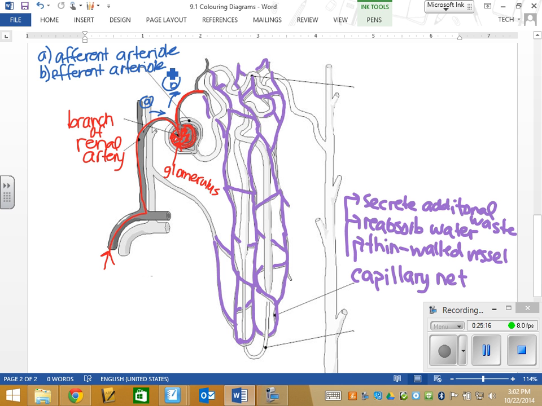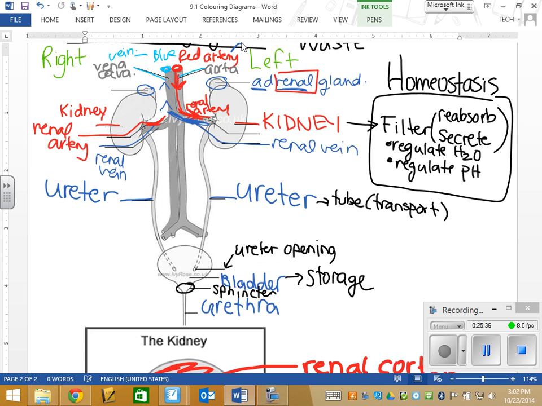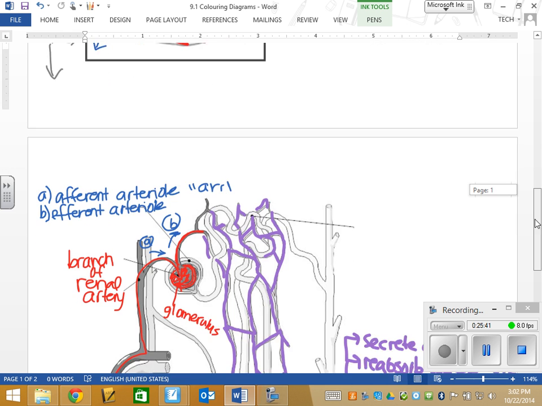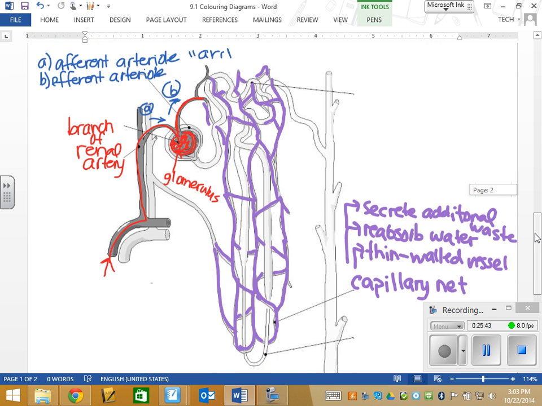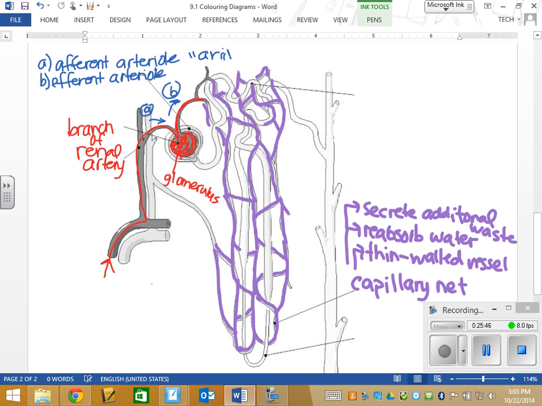An arteriole is a small branch of an artery. And then we have the word afferent and the word efferent. Those two words are used in biology a lot to describe direction. The way I like to remember this, something that is afferent arrives at a structure.